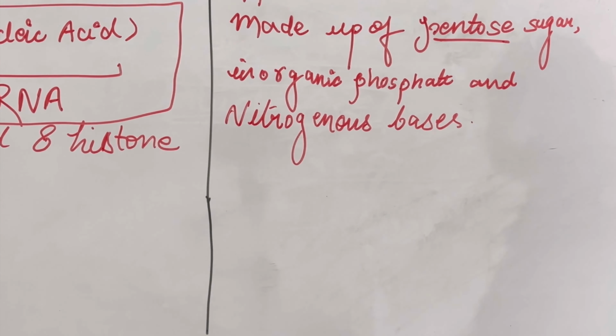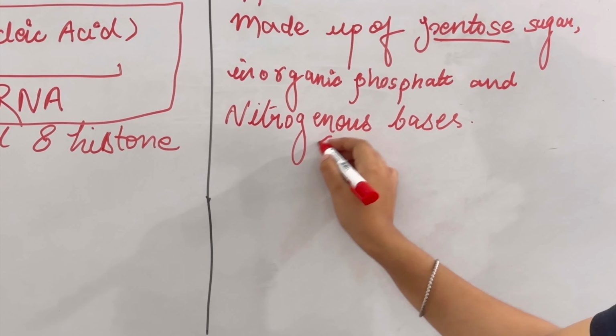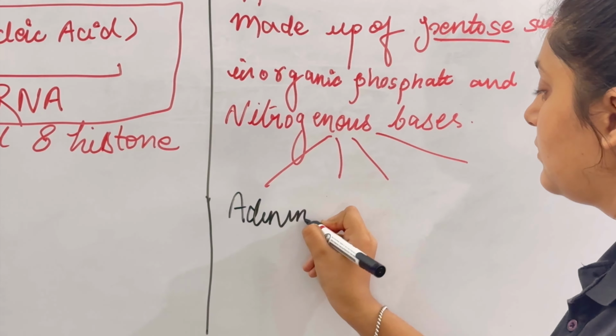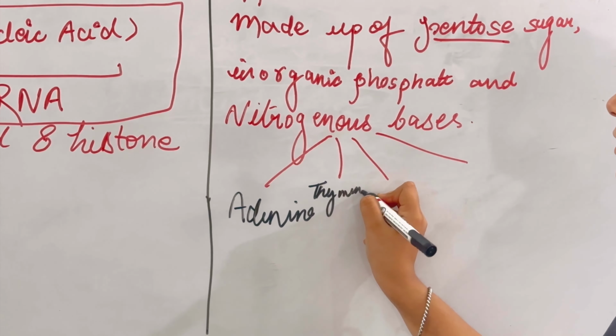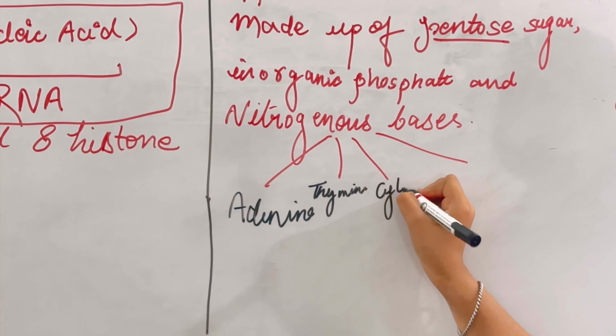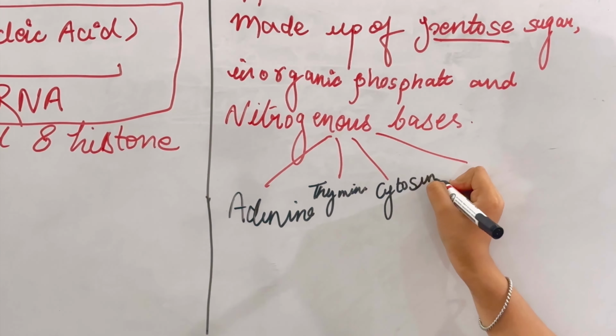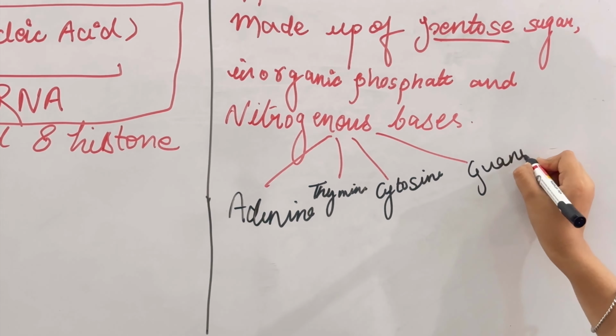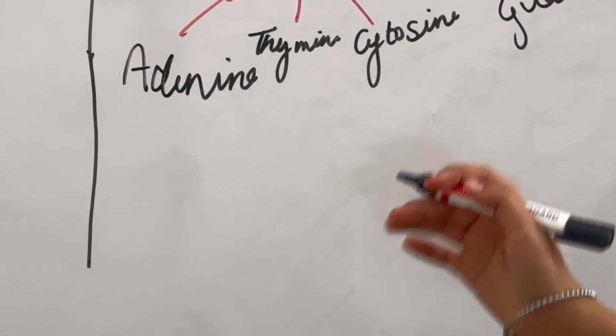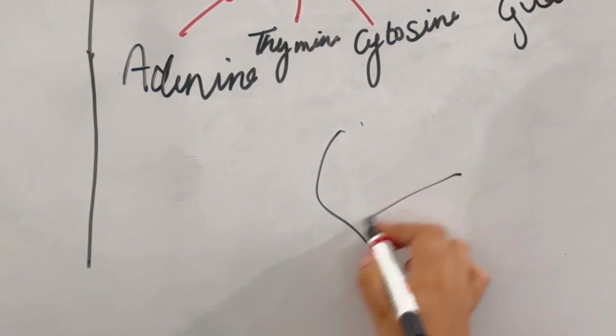Now, talking about nitrogenous bases, they are of 4 types: adenine, thymine, cytosine, and guanine. This is so that I can tell you what nucleotides are.